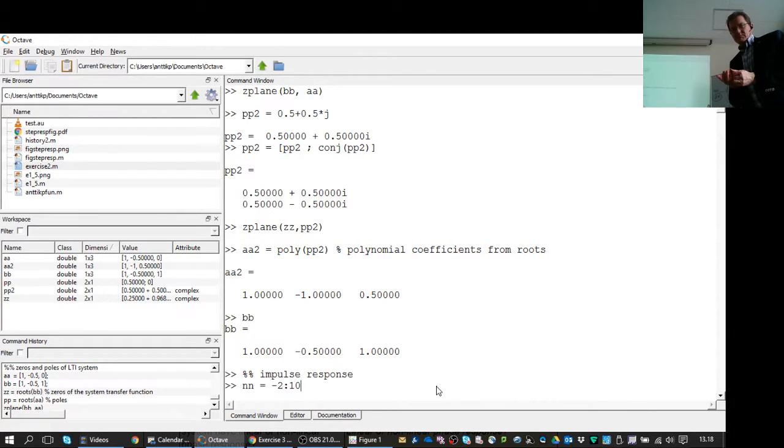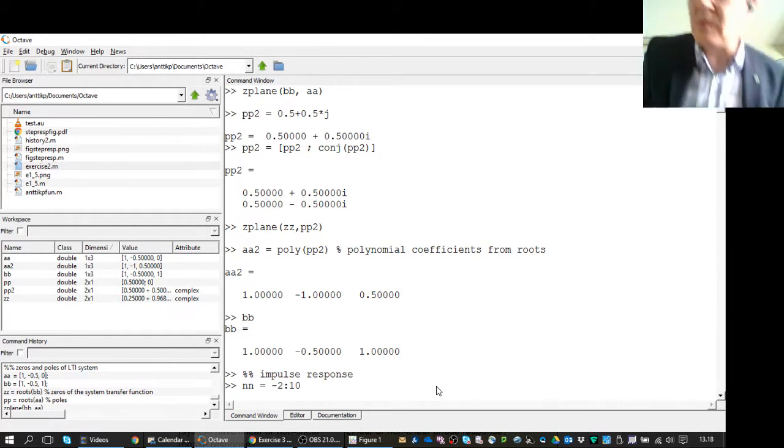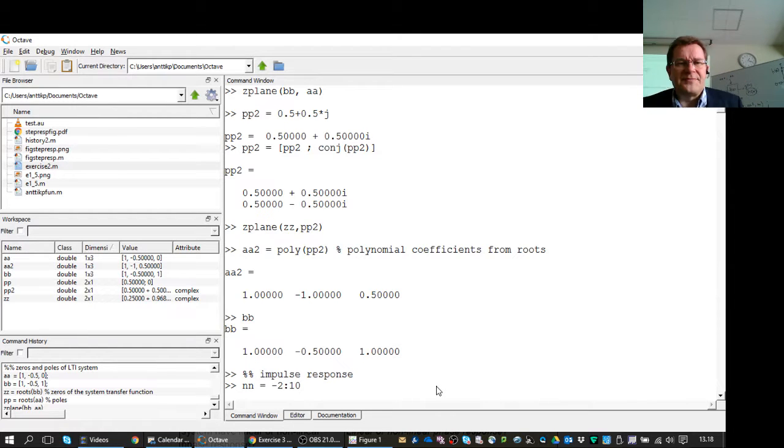For practical systems, the order numbers are usually less than 8 or so for filters, or you have subsections of second order systems. So it's enough for me to calculate only that much.